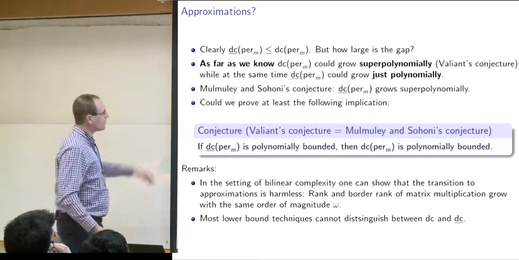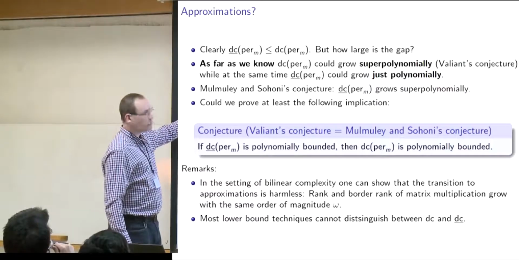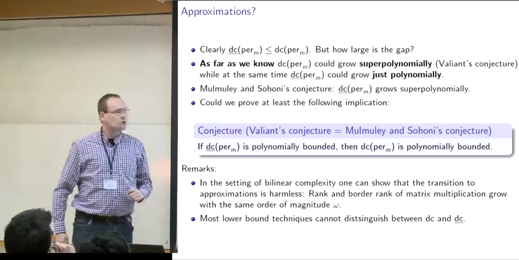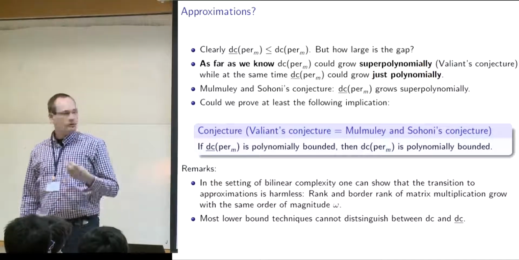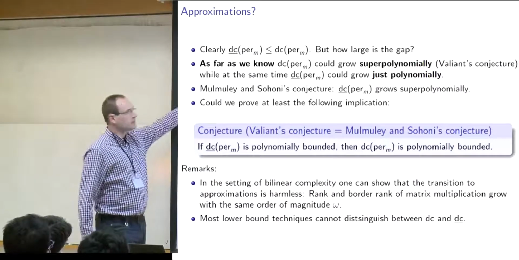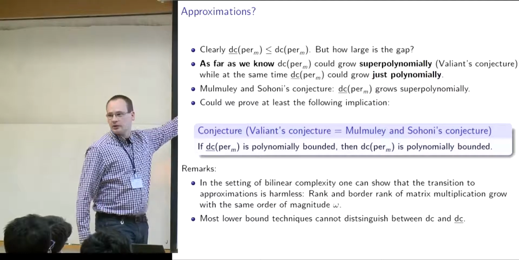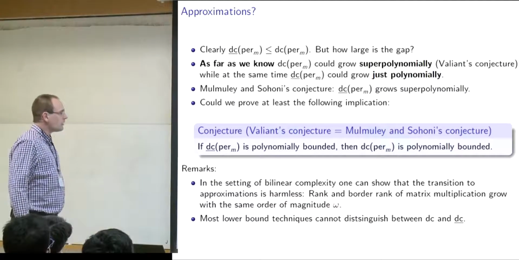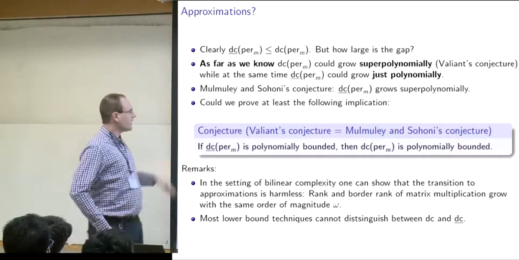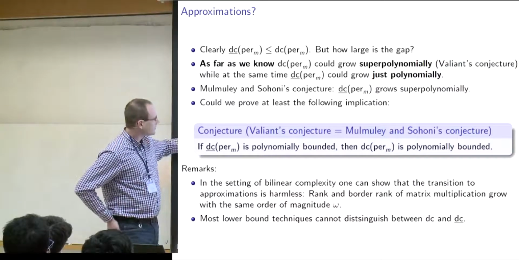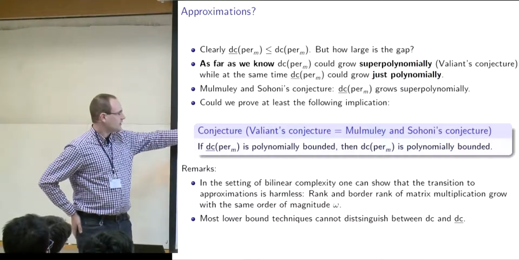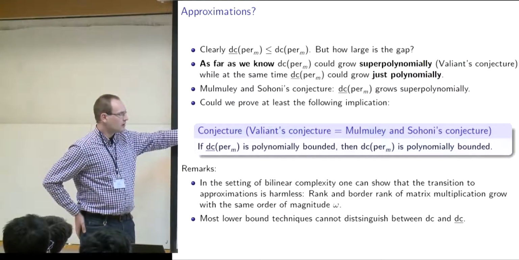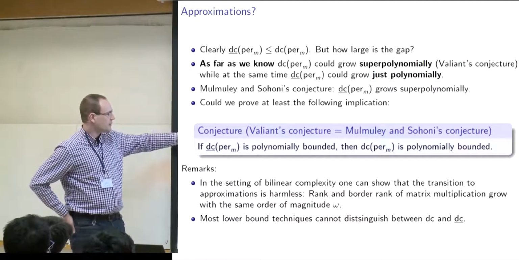There's Mulmuley and Sohoni's conjecture, which was also on the board: DC bar should grow superpolynomially. I'm not saying that I believe this, not in any way, but we just don't know what's going on. So could we at least prove the following implication? That would be very nice, and I think this has been mentioned by both the other speakers today.